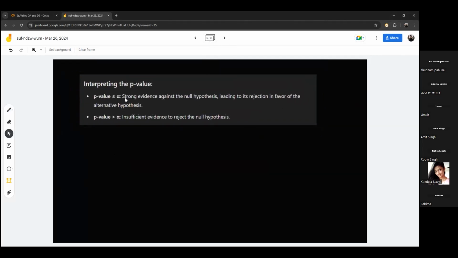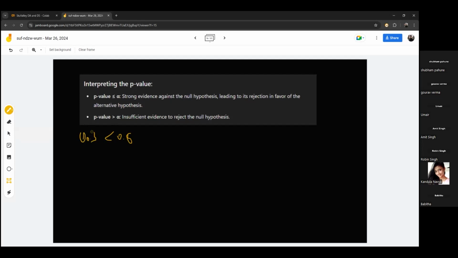It is saying that if the p value is less than the significance value, then there is strong evidence against the null hypothesis, right? Suppose, for example, the significance value is 0.5 and we are getting 0.3.